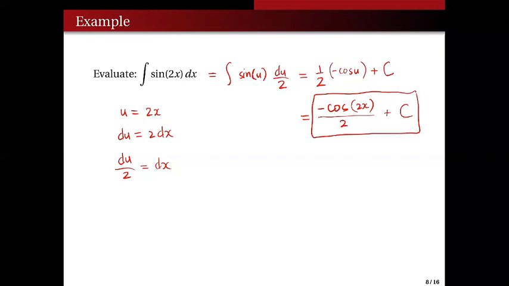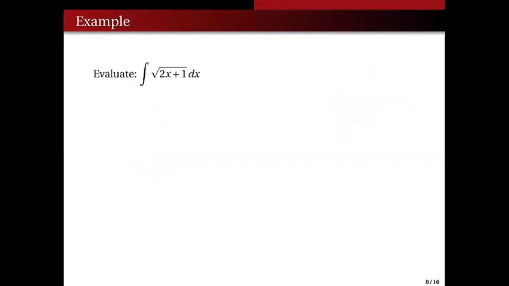Now let's have some more examples. We want to integrate square root of 2x plus 1. So one hint on which u to choose: you take the u to be the expression that makes the integral complicated.